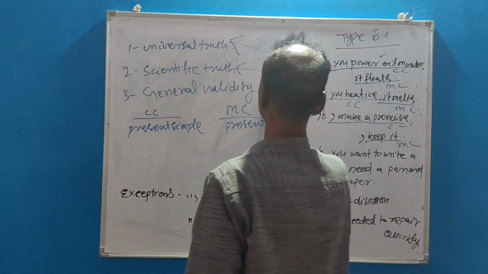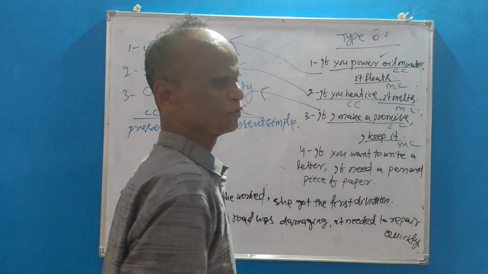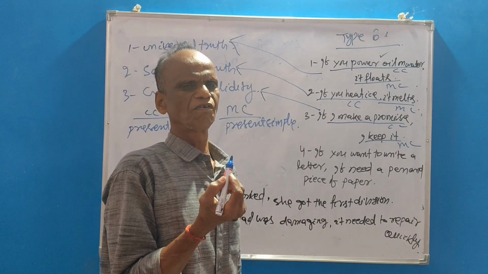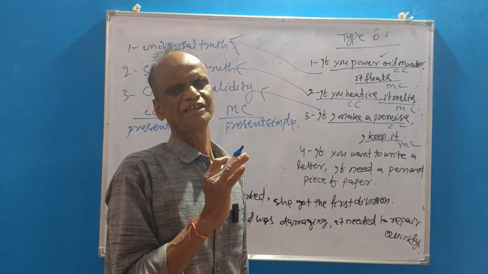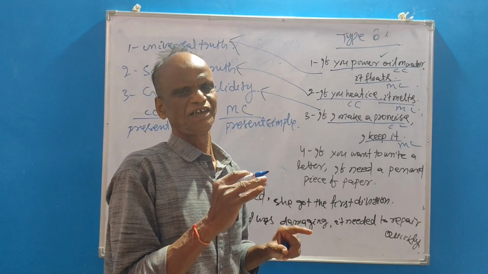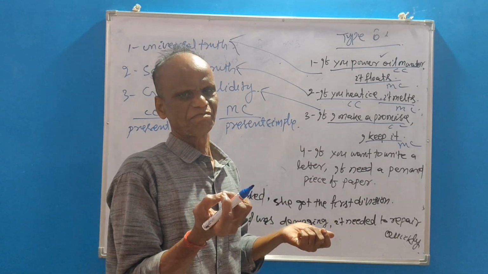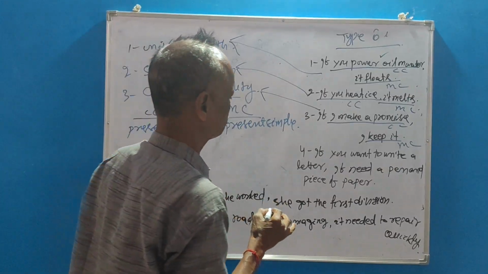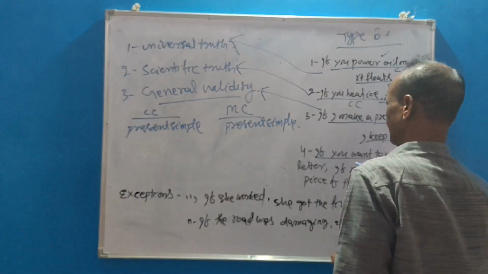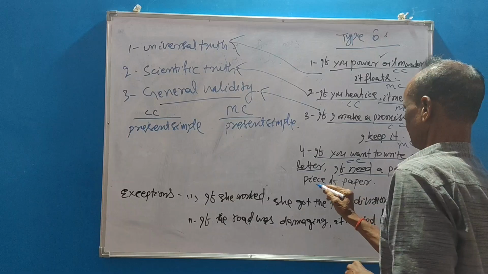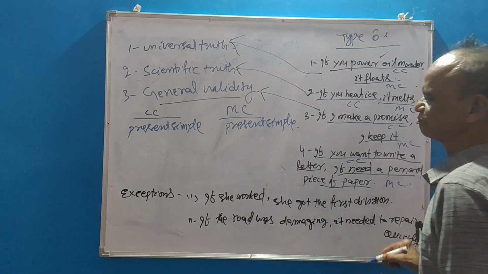It refers general validity. What does general validity mean? What usually happens in your day-to-day life, that is known as general validity. For another example, if you want to write a letter, conditional clause, main clause.